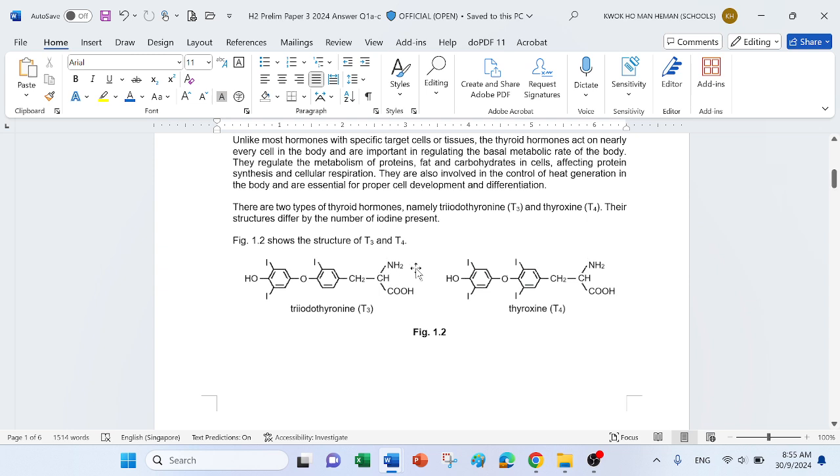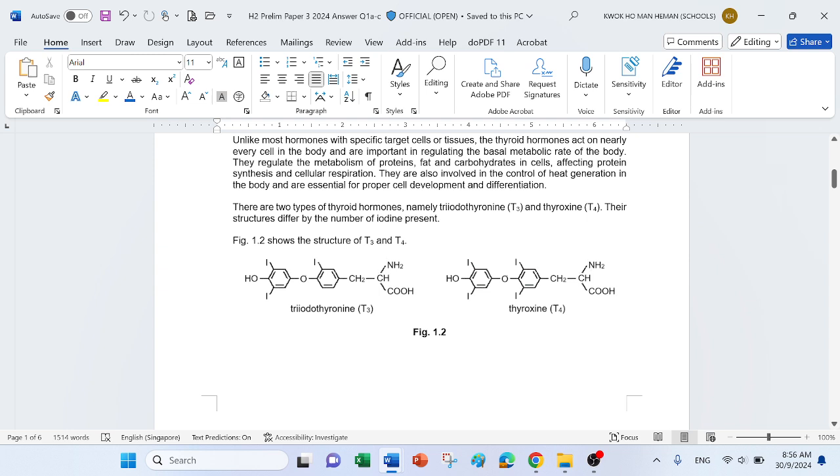Anyway, such thinking is flawed, because if you think about insulin or glucagon, protein hormones, they also have a lot of R groups, a lot of different functional groups, but they don't bind to a wide range of receptors.